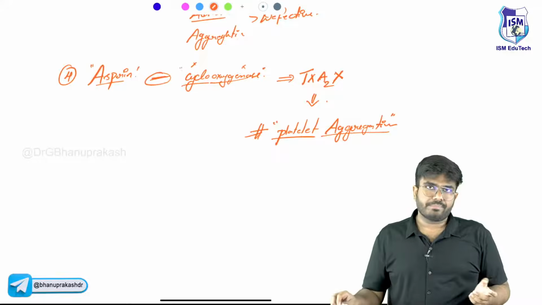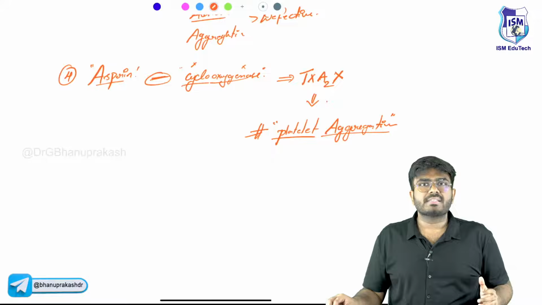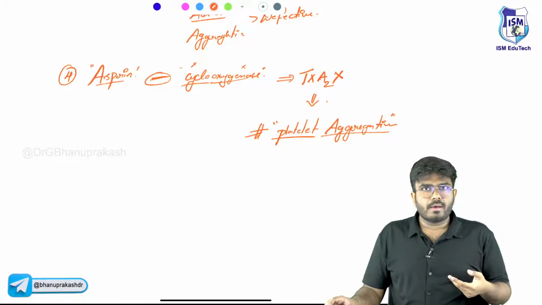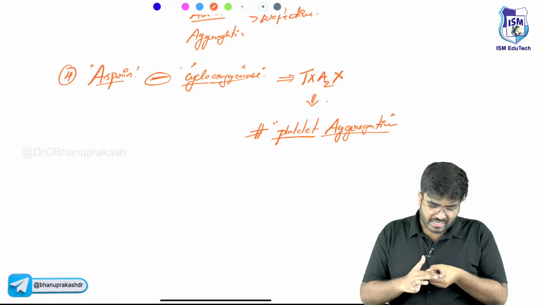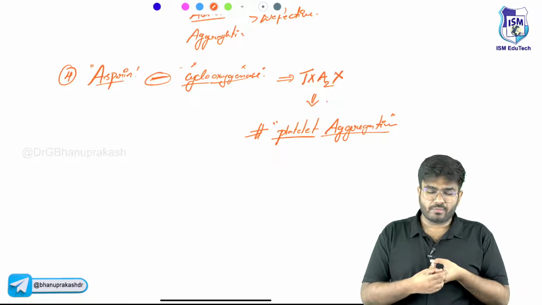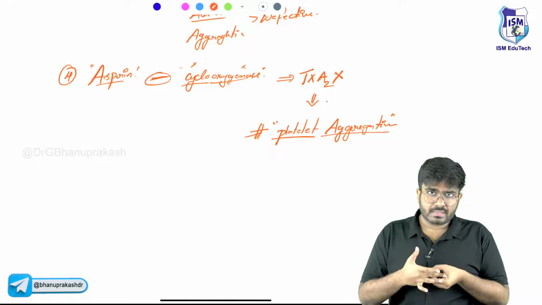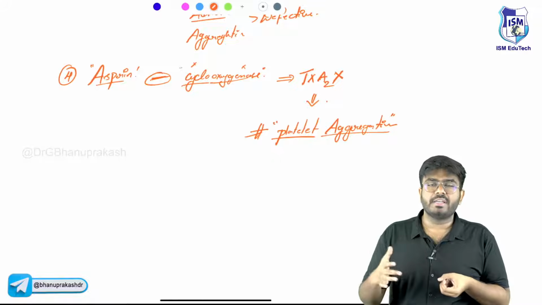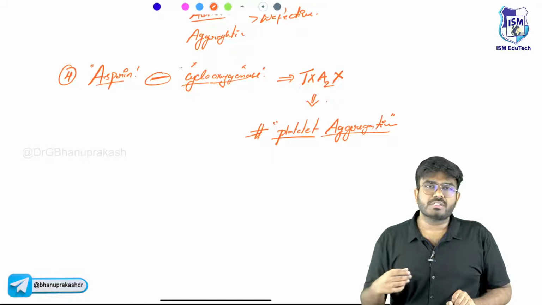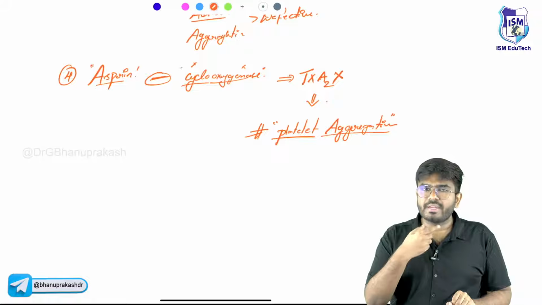So that's why in a patient who is at risk of coronary artery disease, if he is having an atherosclerotic plaque, we know that the plaque can rupture at any time. It can form a thrombus and clog the blood vessel, leading to myocardial infarction. That's why heart patients take aspirin tablets. Why?